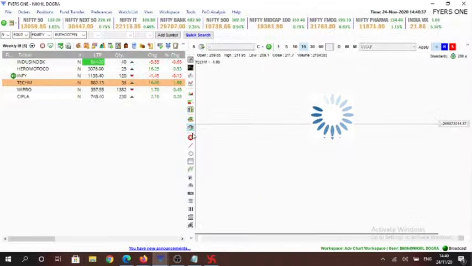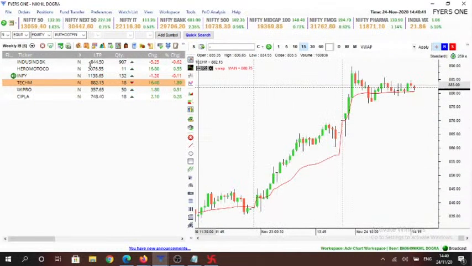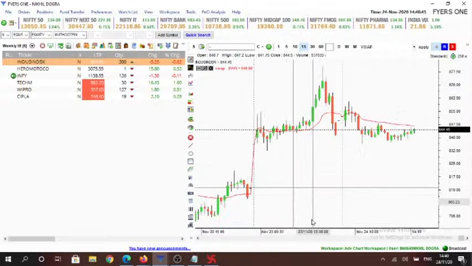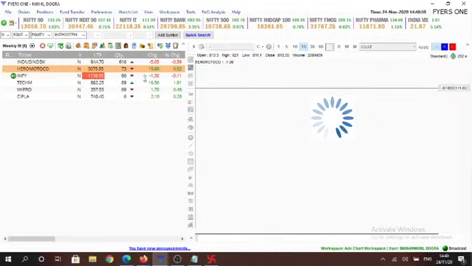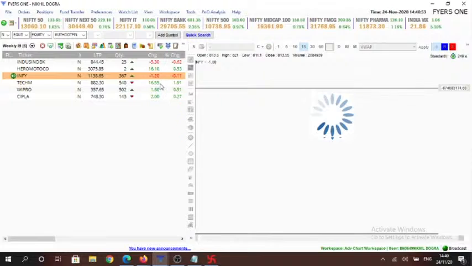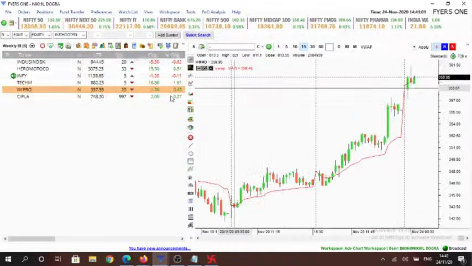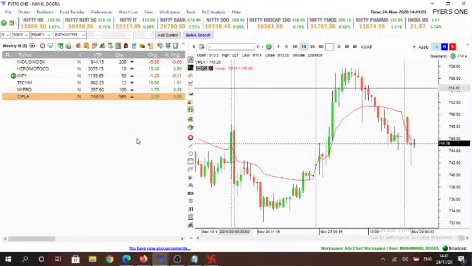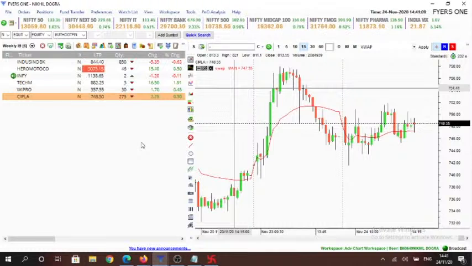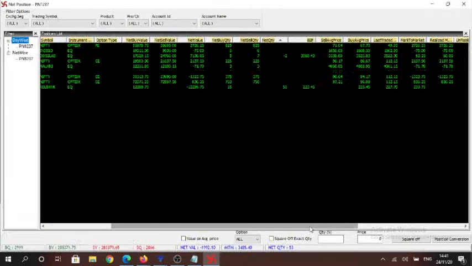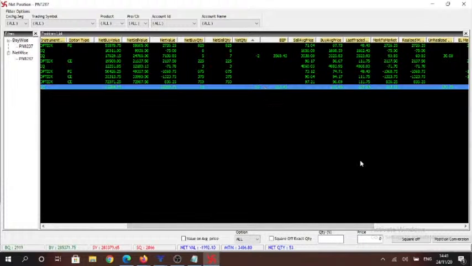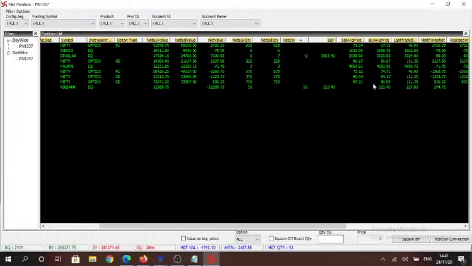And the weekly, RBL Bank is the only stock which is performing relatively better right now for us.